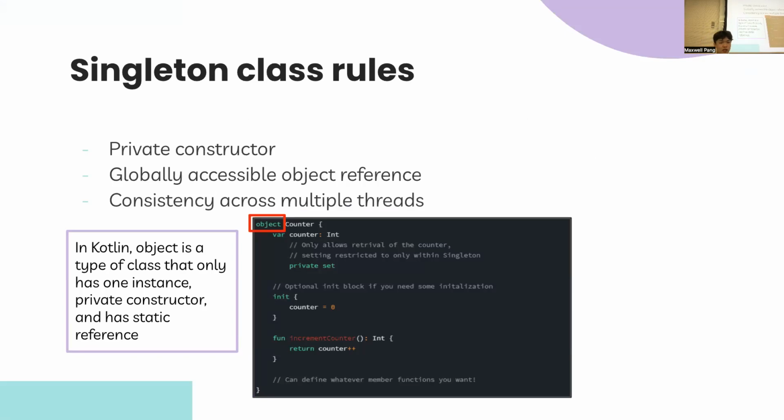Okay, so this is how we create our singleton. We have a private constructor because we don't want people creating more instances of this other than the one that we create. We have a globally accessible object reference. That's the point of singletons, that everyone can reference the same singleton, which is good, right? And then we have consistency across multiple threads. This is what I said about synchronization before.